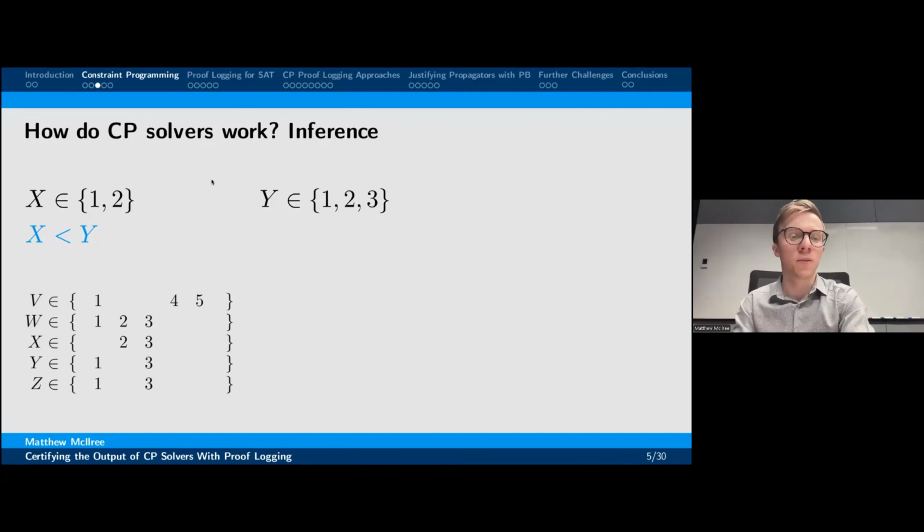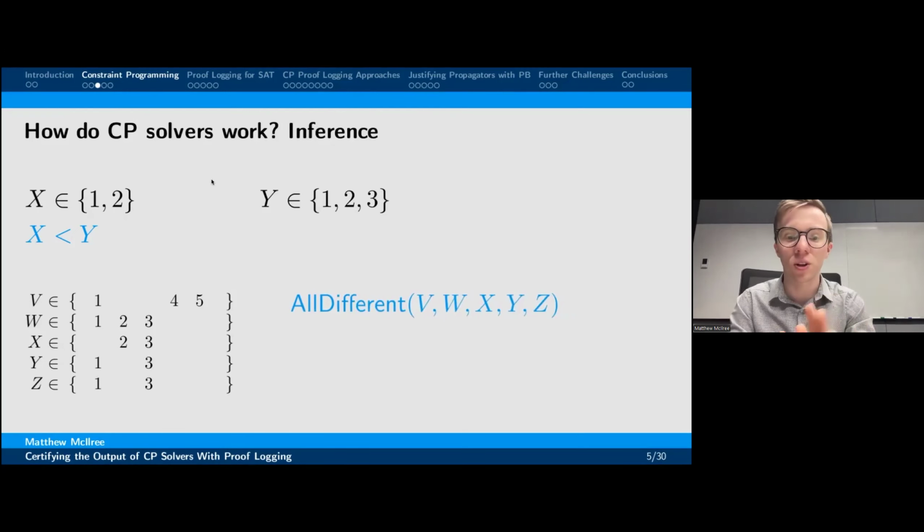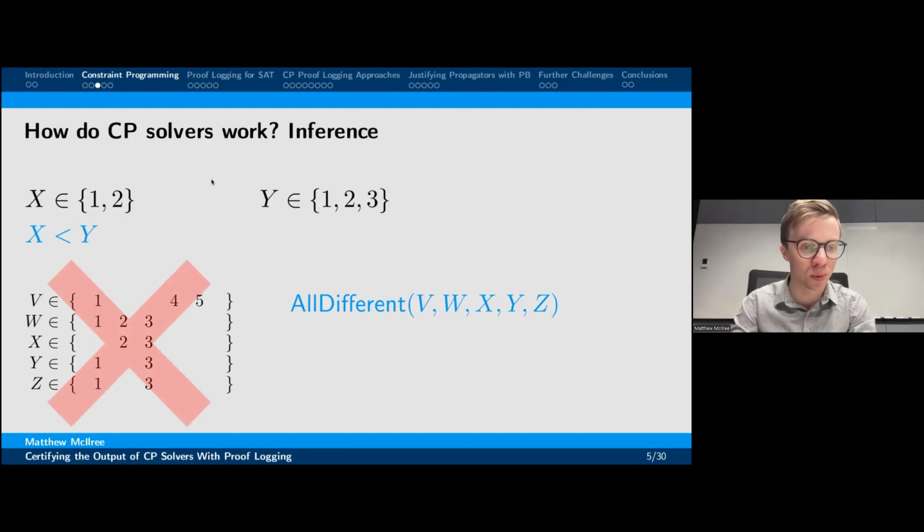For example, if we had some variables with domains that look like this, and we had an all-different constraint on v, w, x, y, z, then a CP solver should be able to immediately infer a contradiction here, which might not be as obvious as the first example, although if you do Sudoku a lot, you probably very quickly notice that we have these variables w, x, y, z, which have only 3 values in total between them, but that is 4 variables, and this is, of course, just the pigeonhole principle.